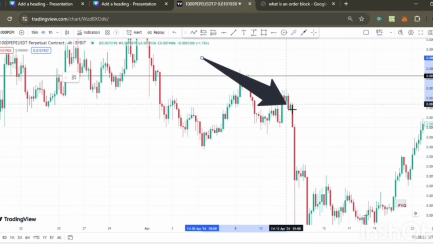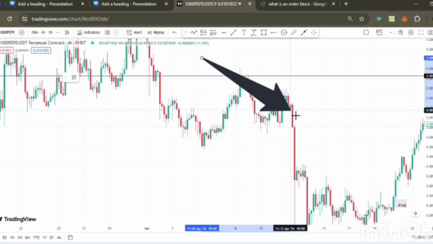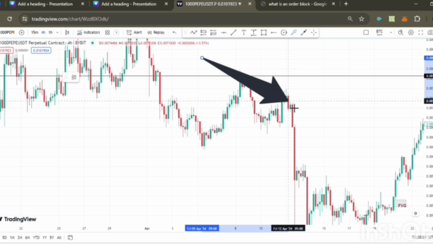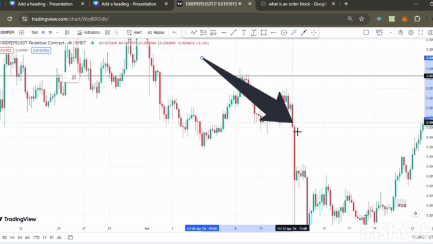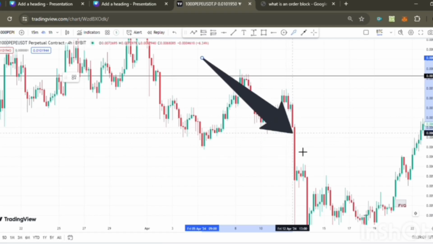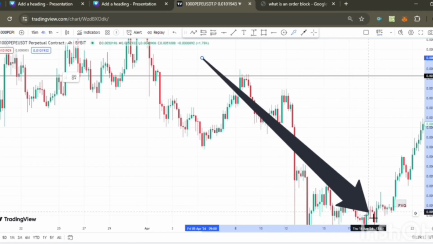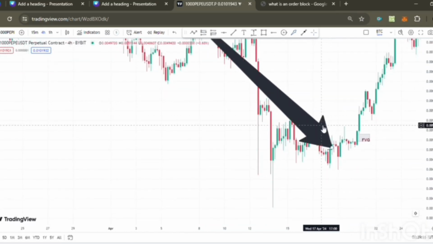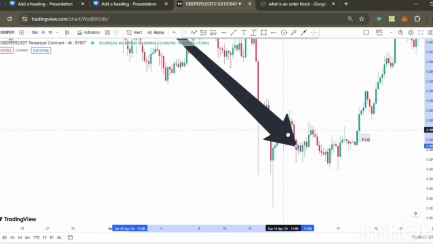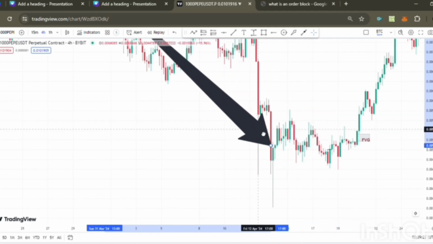If you look here, we already have what we call an order block, because the market was pushing greatly to the downside, it left some imbalance, some gap here. After that movement, it gets to this demand point, and the market starts consolidating, which means making a possible change of character or change of trend.